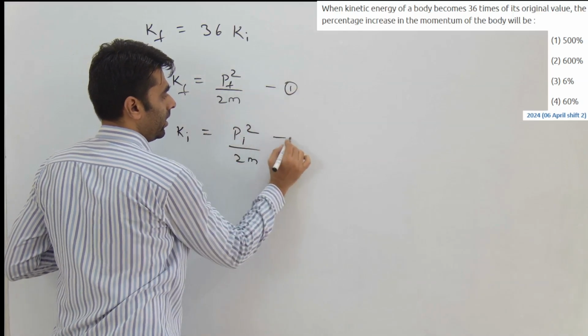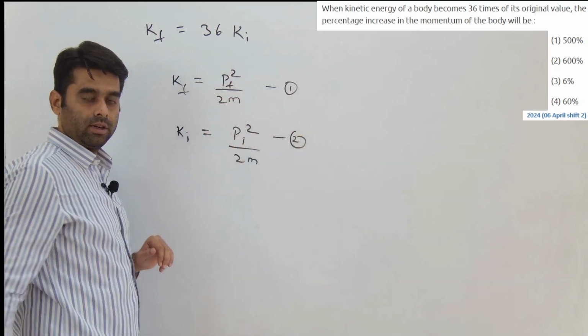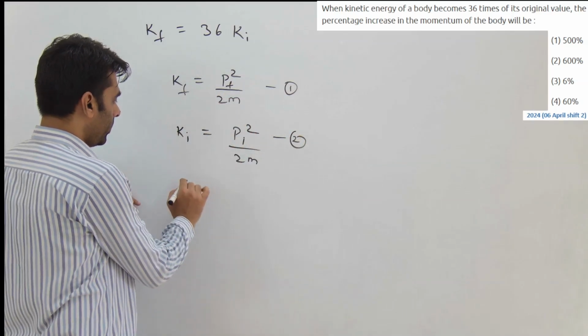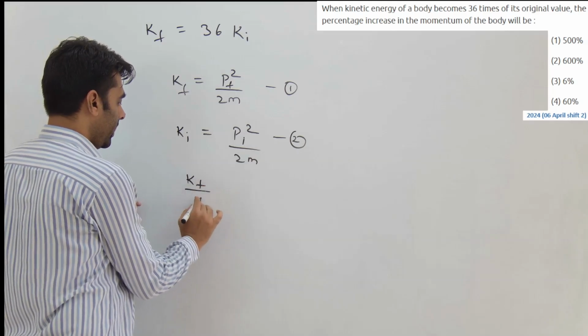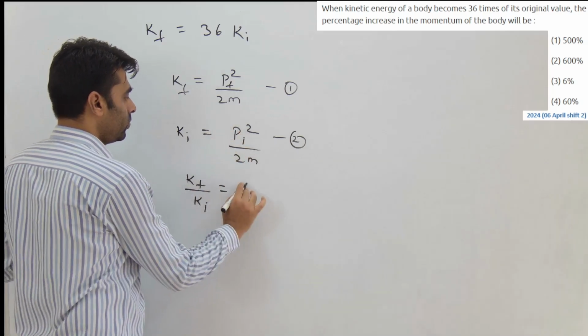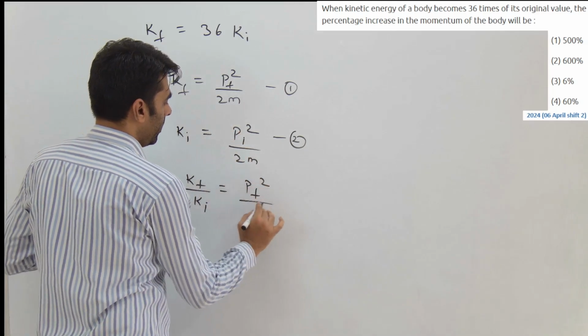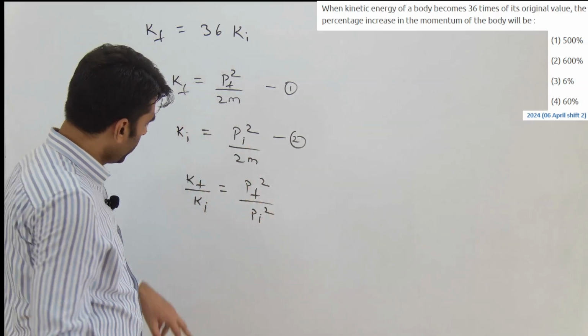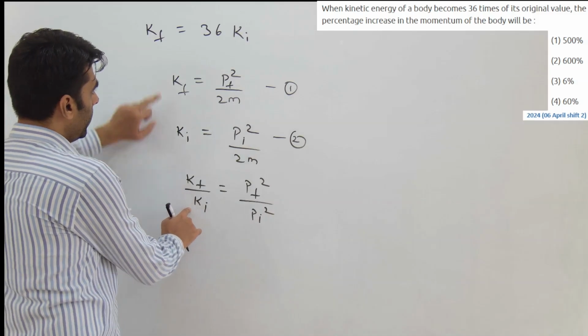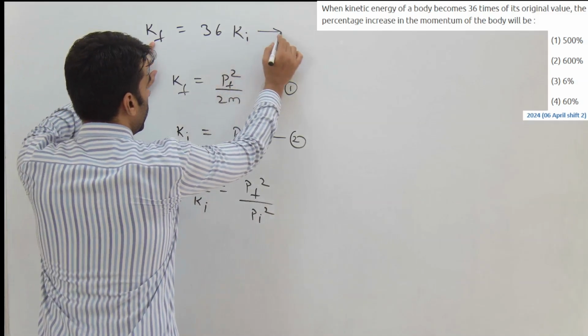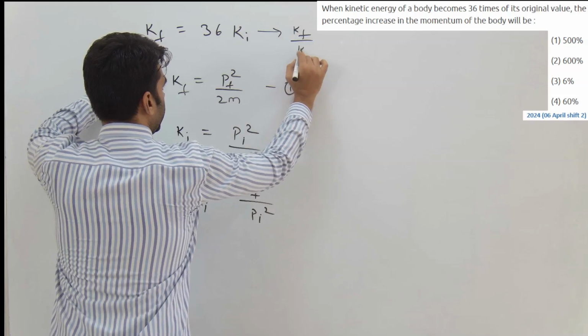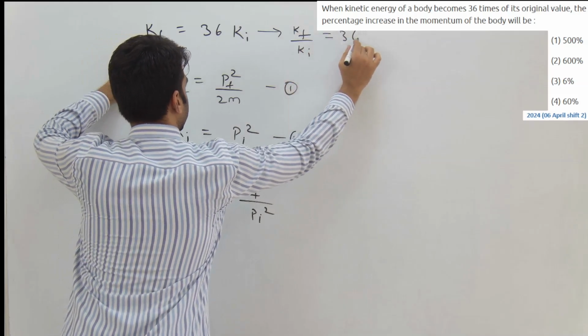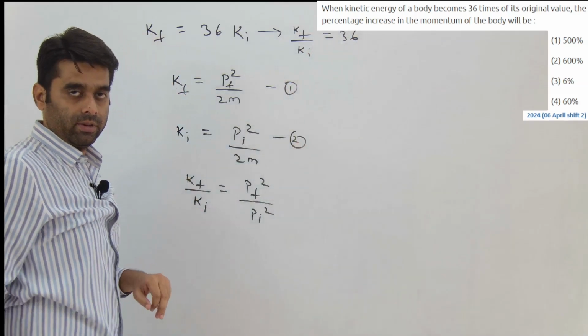Equation 1, equation 2. If we divide 1 by 2, what will we get? K final by K initial is equal to P final square by P initial square. 2m will cancel out, right? K final by K initial is 36, given to us in the question.